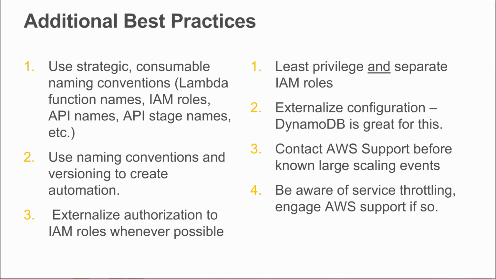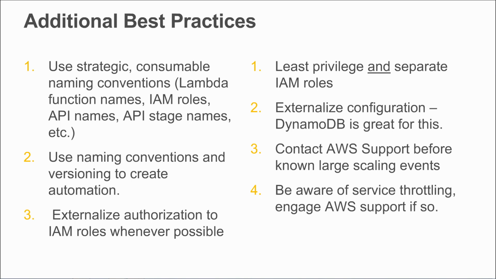Credentials don't have to live in source code repositories. You don't have to write any code to ingest them or decrypt them. Security is much, much simplified when you can just wrap these Lambda functions in an IAM role.